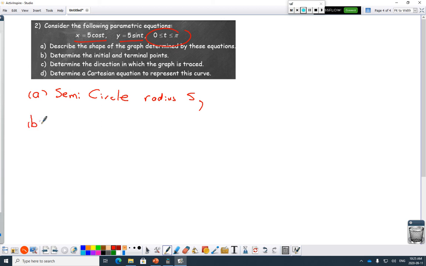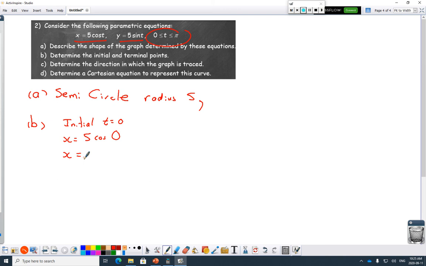B. Initial. t equals 0. I get x equals 5 cos 0. That's not on the trig toolbox. Even your regular calculator knows the answer to cos 0, though. But I really hope the cosine graph is in your brain, ready to rock and roll.